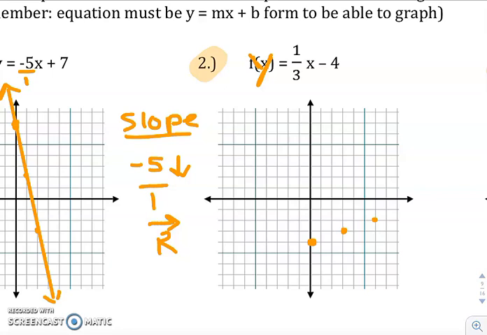So you can go down and left instead of up and right to get some more points. And that will be your line for number 2.